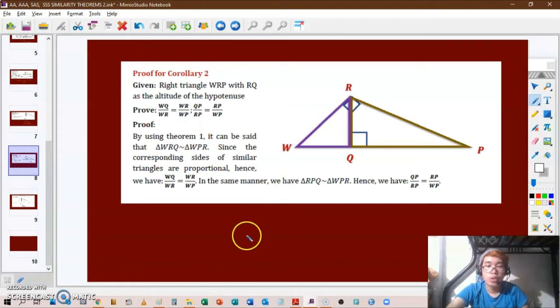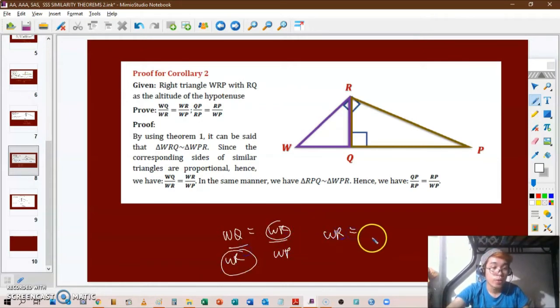We have WQ over WR is equal to WR all over WP. So we have here the geometric mean, WR, the leg, is equal to the square root of WQ multiplied by WP. That's what the second corollary says.